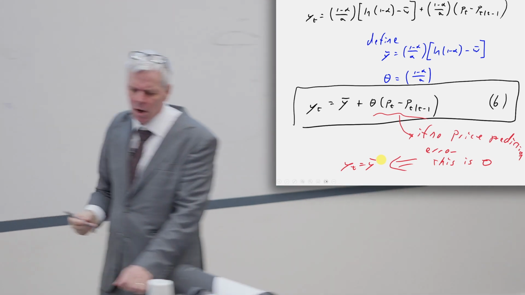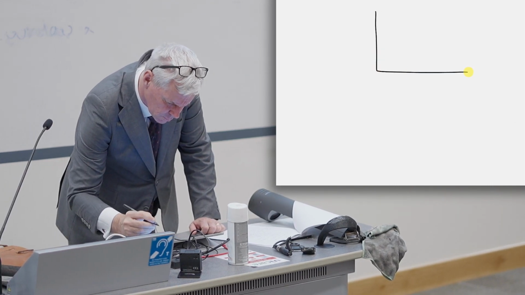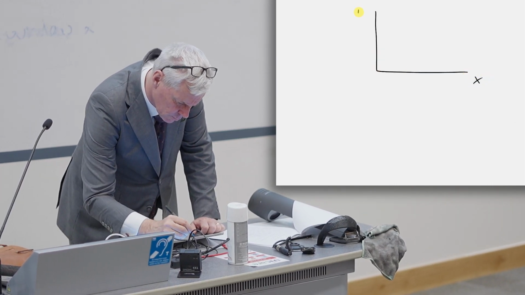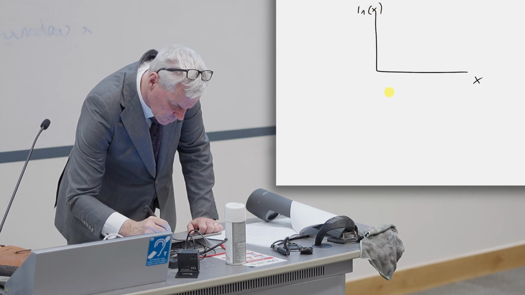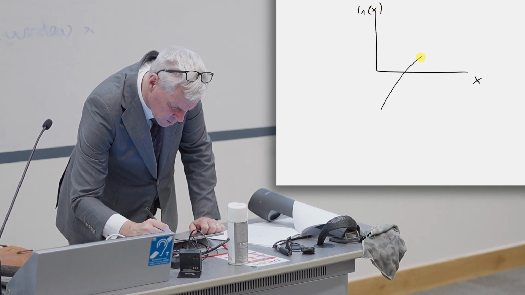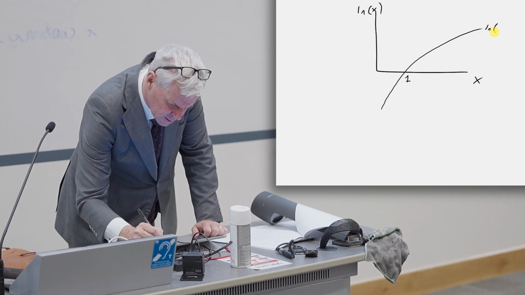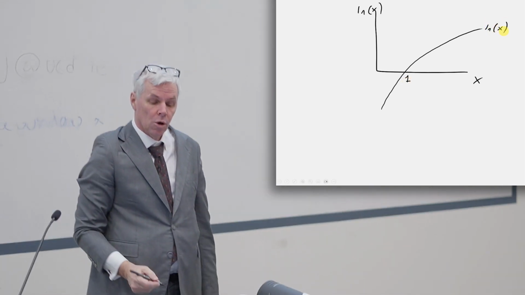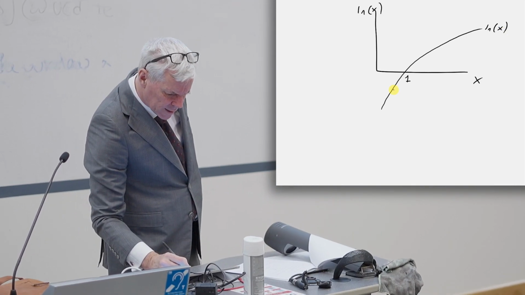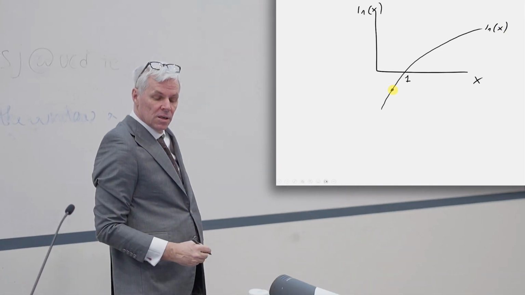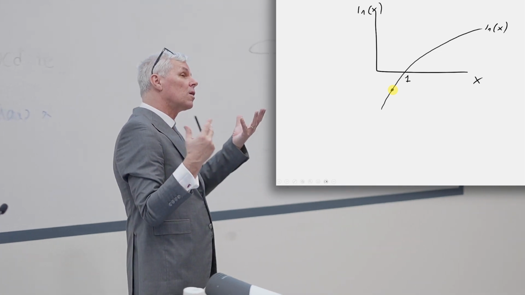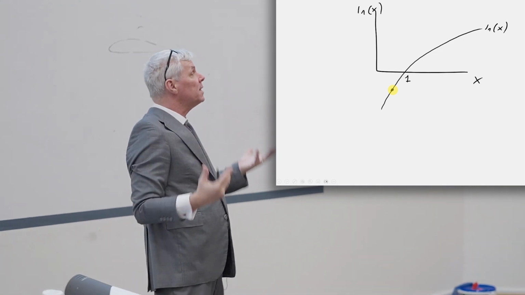Because as you'll recall, ln looks like this, where this is 1, and this is ln of x. So we're somewhere down here. So our little y bar is negative.